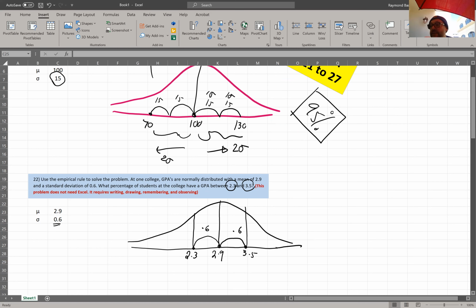So it basically tells you that 2.3 and 3.5 happen to be one standard deviation away from the average. Now, let's see if you remember the empirical rule at this point. The empirical rule says that if you're one standard deviation away from the average, you have captured 68% of the population. So the answer here would simply be 68%.